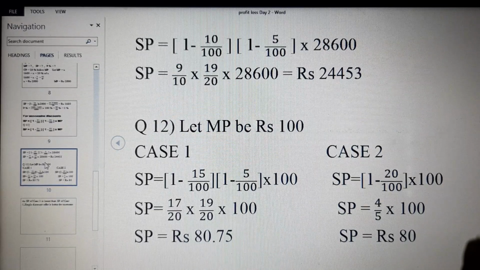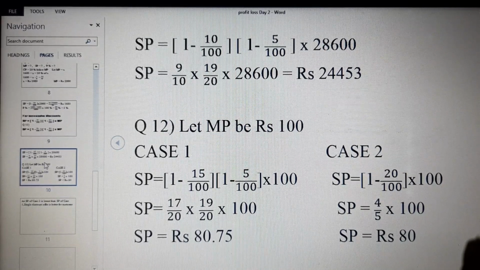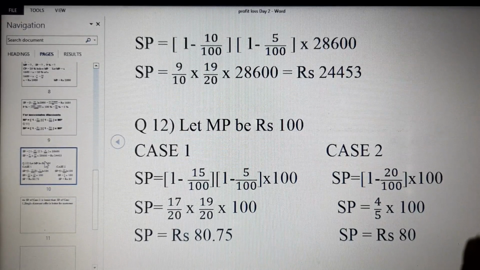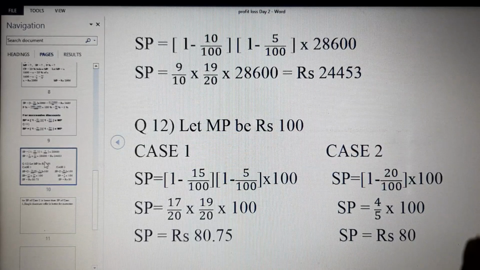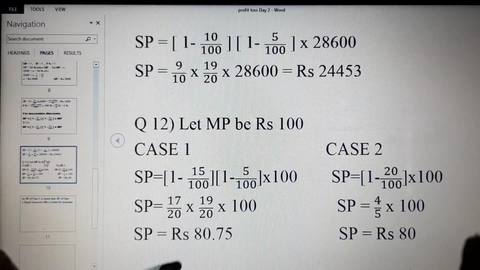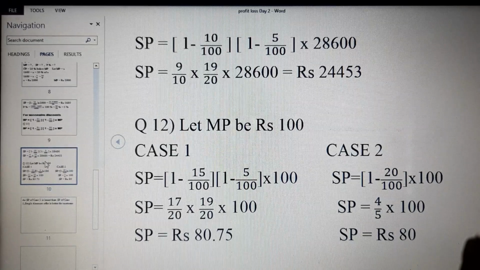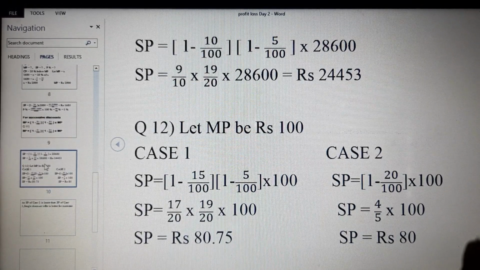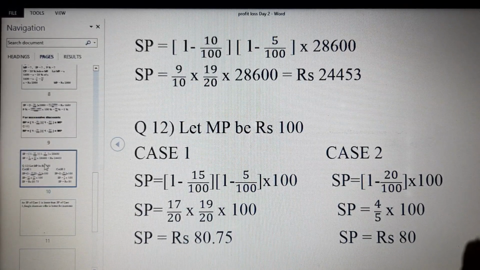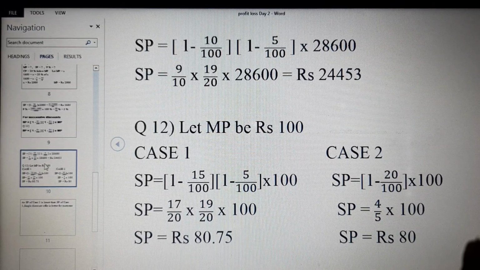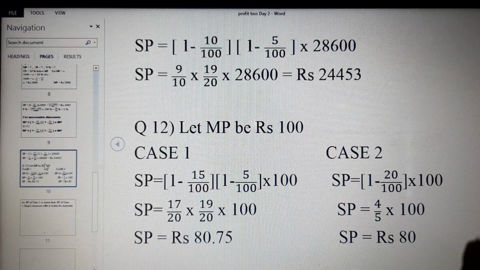We can prove it also. This question can be done in two cases. The first case is for the first shopkeeper and the second is for the second shopkeeper. You can assume MP as X also, but I have taken MP as rupees 100 so that it becomes easy to understand.